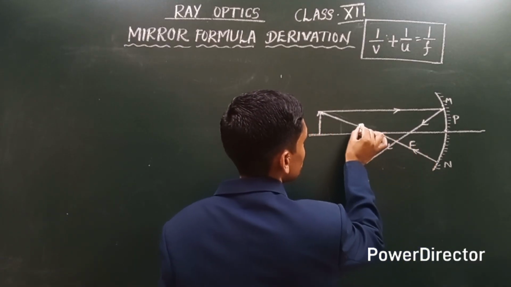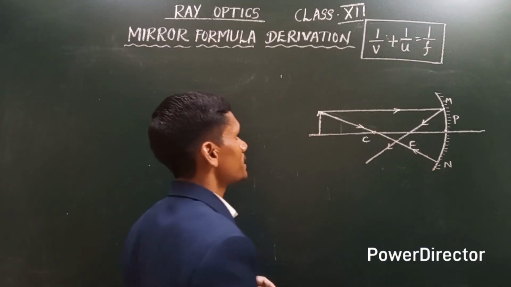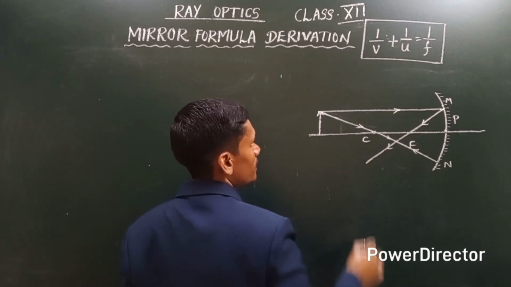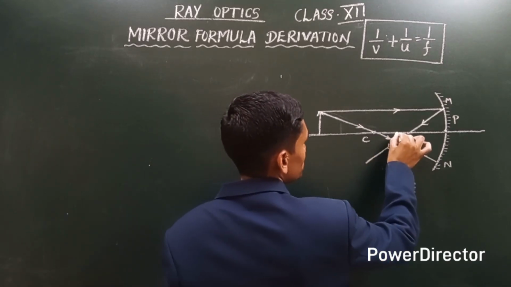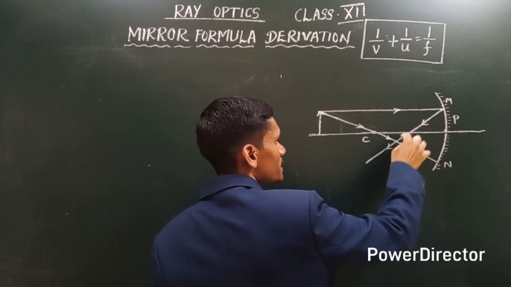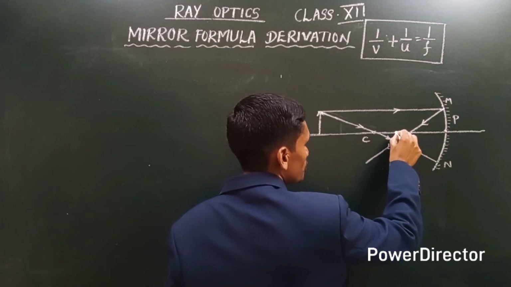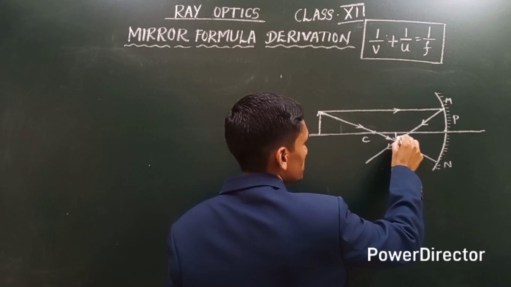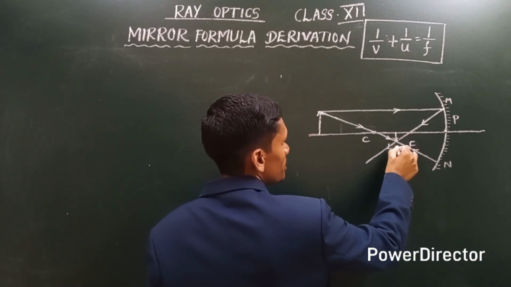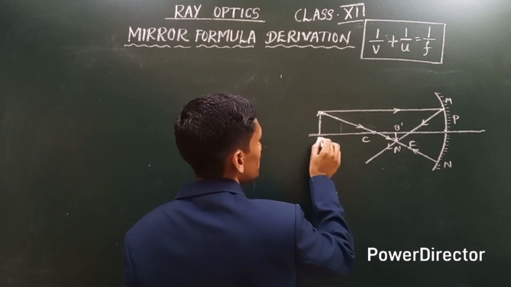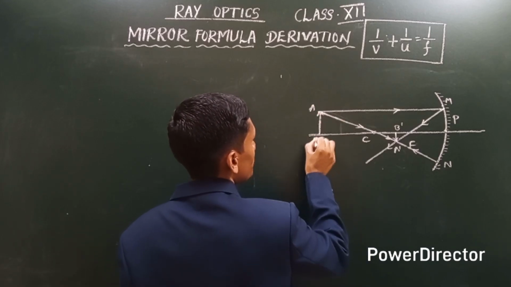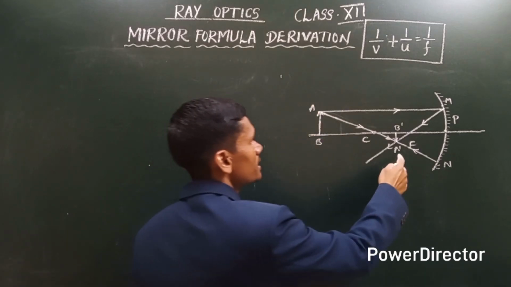Now at the position where the two reflected rays intersect each other, we get the image. Let us call this image A dash B dash. We have taken the object as AB, and this is A dash B dash.